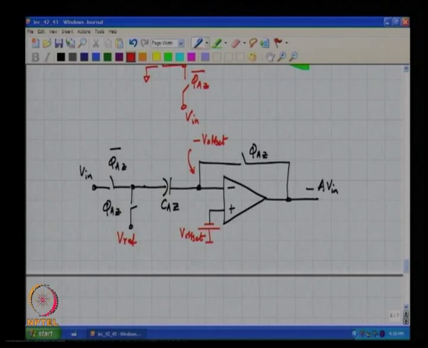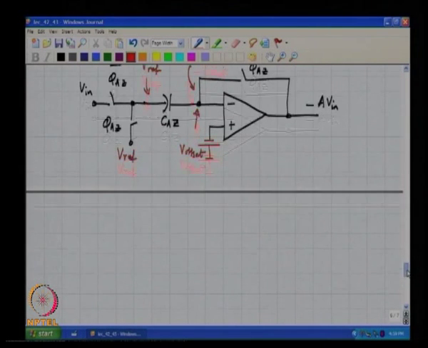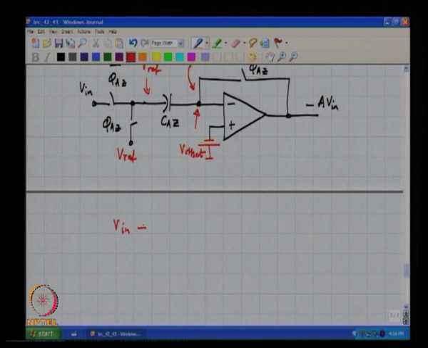So, this plate will be at V ref, the other plate will be at minus V offset. So, the effective voltage drop across the capacitor will be V ref plus V offset. So, the voltage at the negative terminal of the amplifier will be V in minus V ref plus V offset. This is the negative terminal of the amplifier.